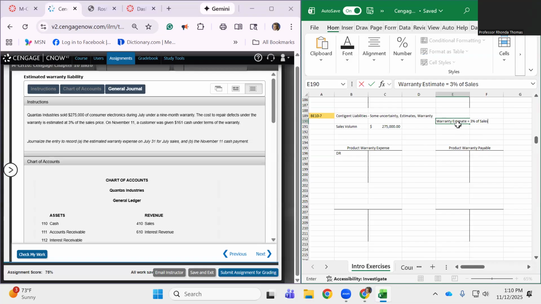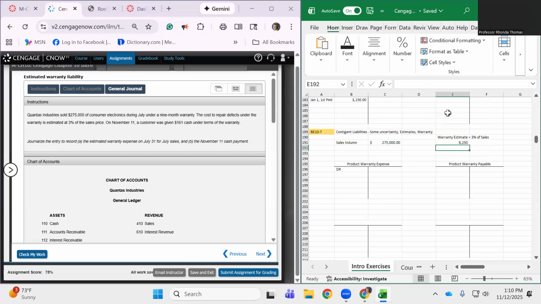So that amount would then be equals 275,000 times 0.03. So we're looking at an estimate of what we might pay in warranties for these products of $8,250. So the first entry we're going to make is to put that amount in.